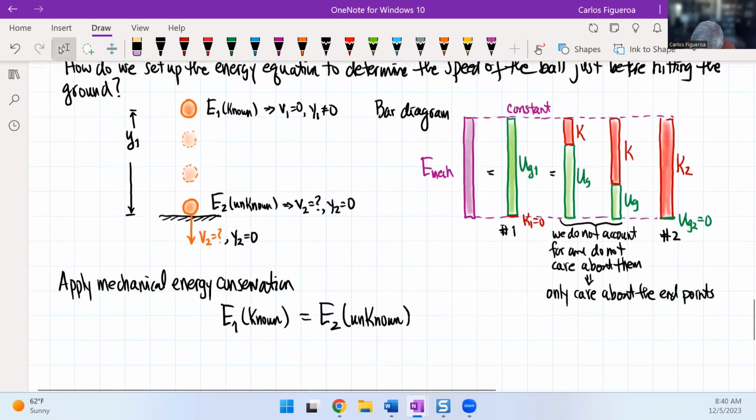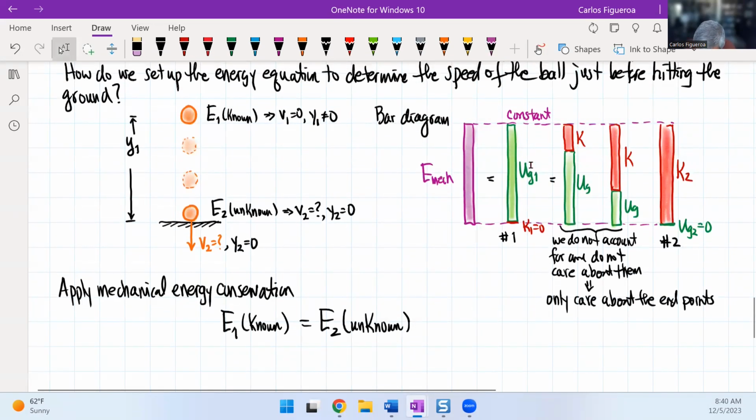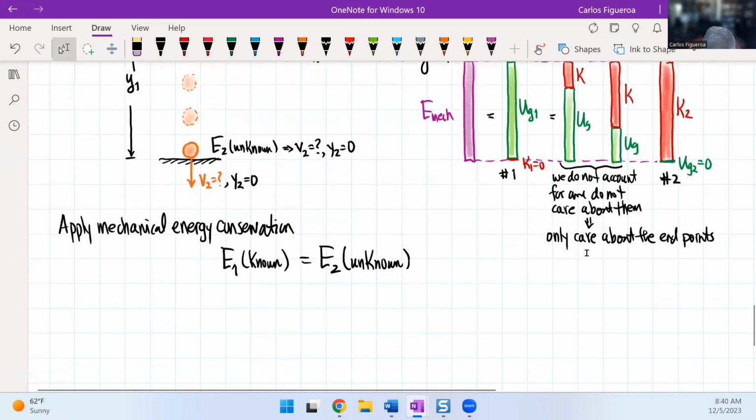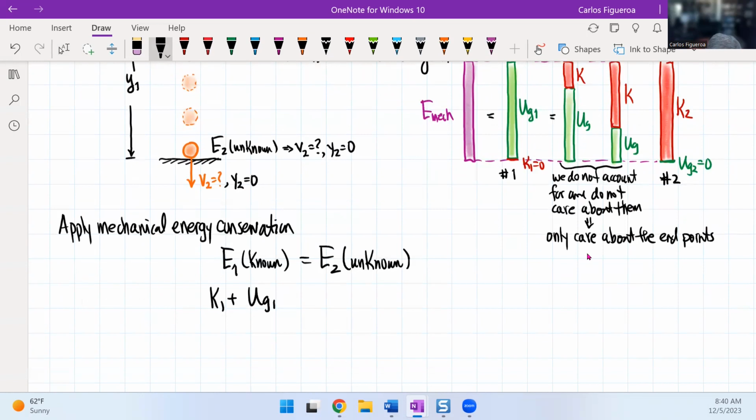From my bar diagram, I get K1 plus UG1, and at energy 2, I could write this as K2 plus UG2. But I didn't have to draw this guy because we already knew that that was 0.